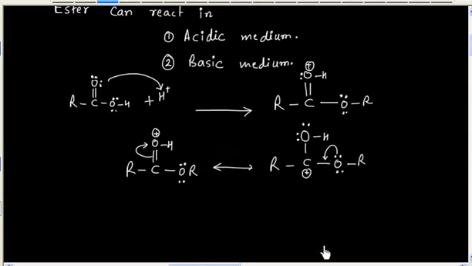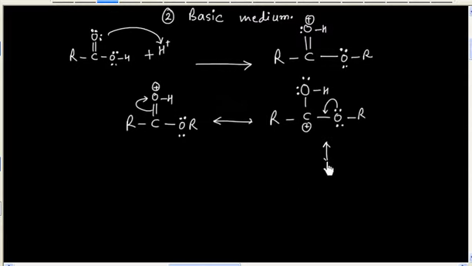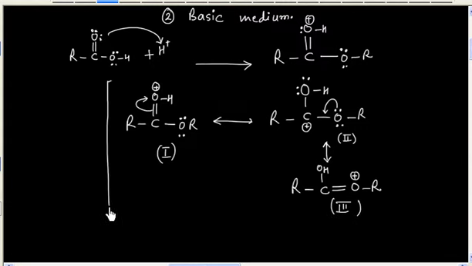We can also write another resonating structure. So there are three resonating structures possible for the protonated form of ester. If you see this resonating structure, carbon has a positive charge.